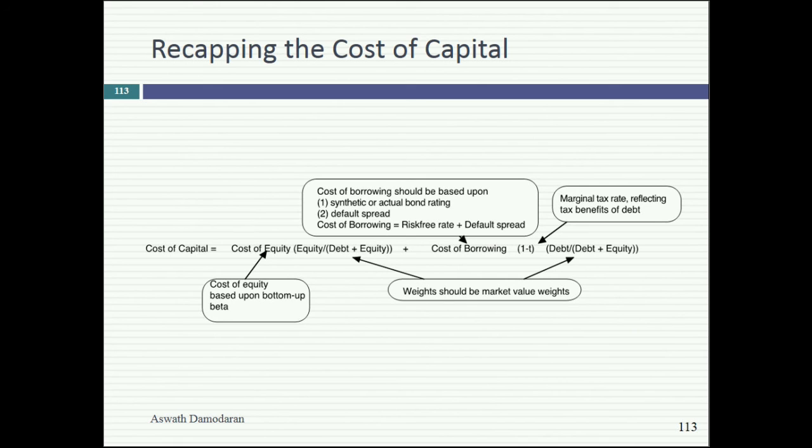The weights should be market value weights. Market value of equity is easy. Market value of debt takes a little work. In a little while, I'm going to talk about what should be included in debt. But up till now, at least, I want the framework for cost of capital to be out there. So when we start talking about what to include in debt, you know where it's going.